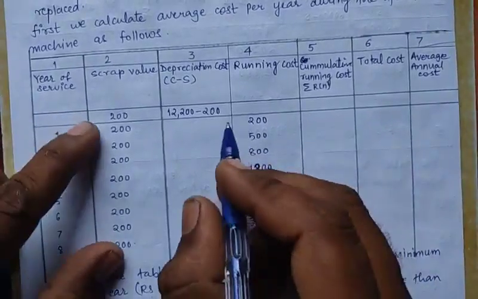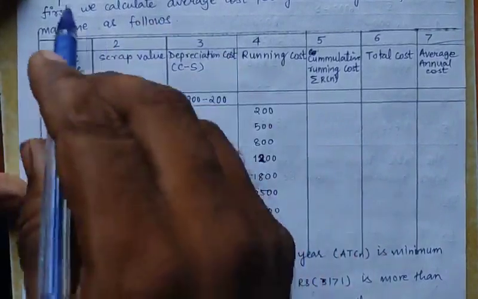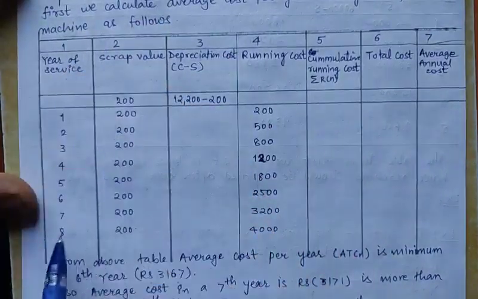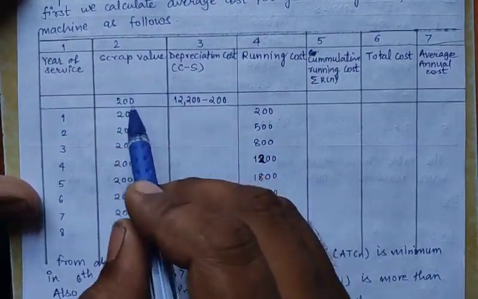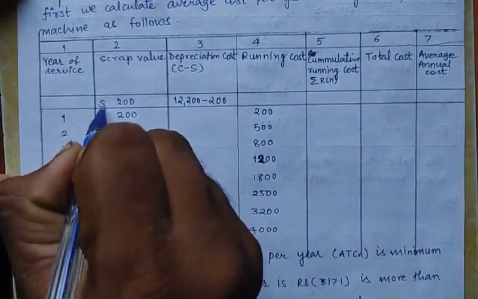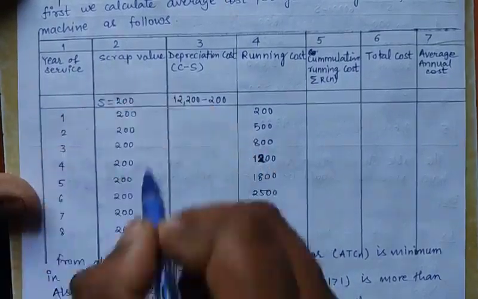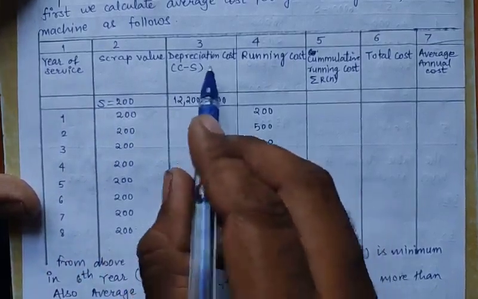Now here, in the given table we have total 8 years. Okay, so this is 8 years. Now scrap value. So we have given scrap value S is equal to 200. So this is for every year, so I have written it for every year. Now depreciation cost.